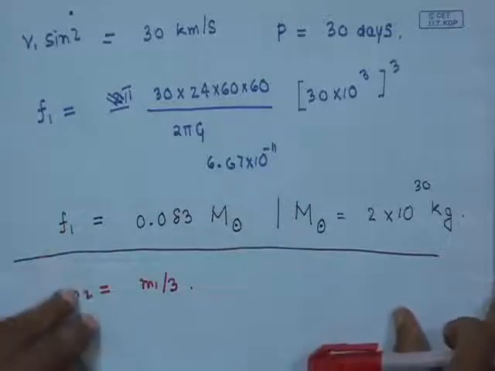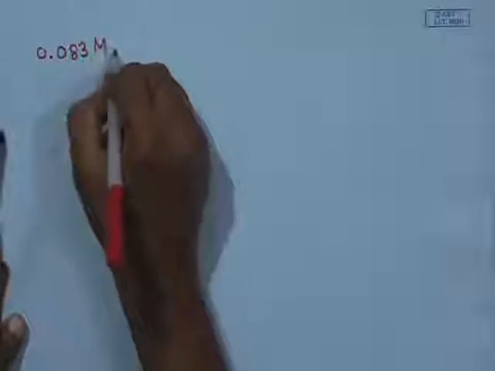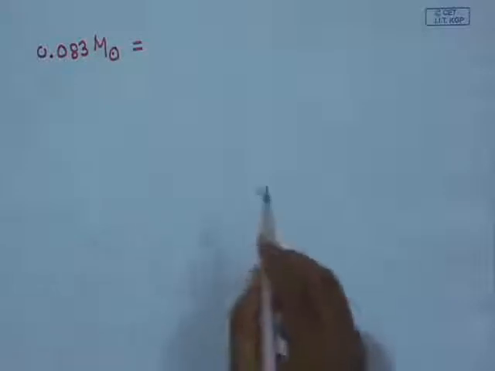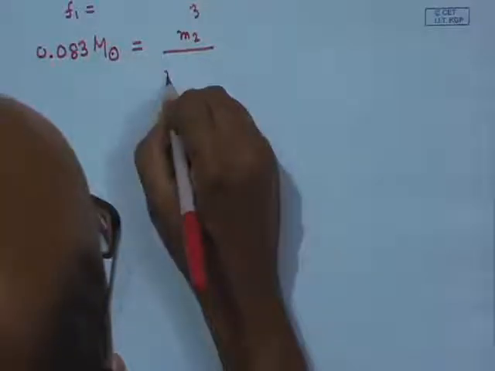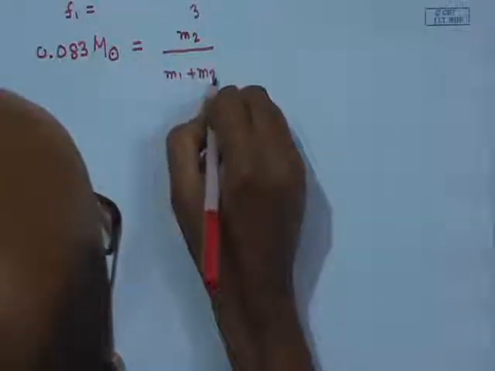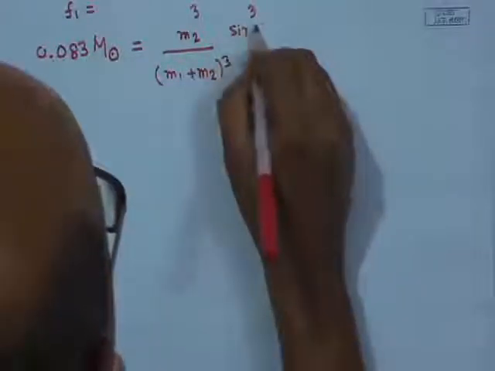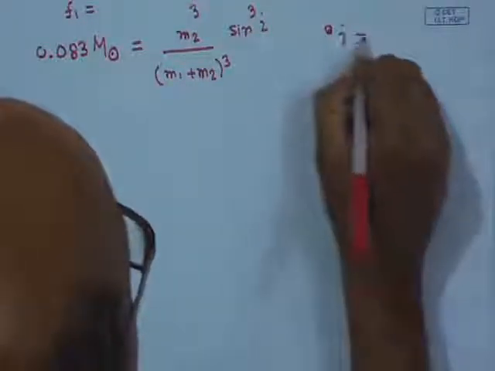So, what we then have is that f1, which is 0.083 solar masses, is equal to m2 cube by (m1 plus m2) square into sine cube I. Let us for the time being assume that the inclination angle is 90.